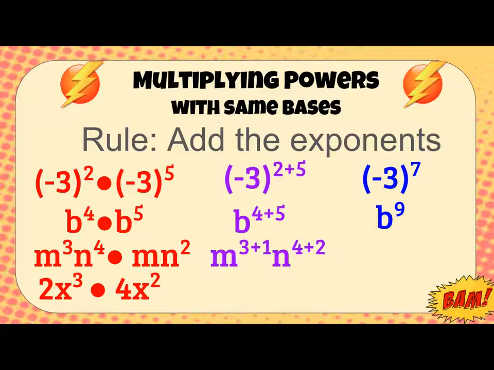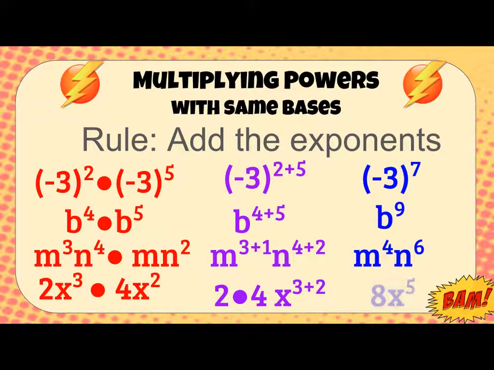So I would have m to the 3 plus the 1, and n to the 4th power plus n squared would give me m to the 4th plus n to the 6th. Okay. Then the last one, coefficients get multiplied together, so 2 times 4, and then I've got 5 x's total between the two of them, x to the 3 plus 2, so I would get 8 x to the 5th is what that one would look like.